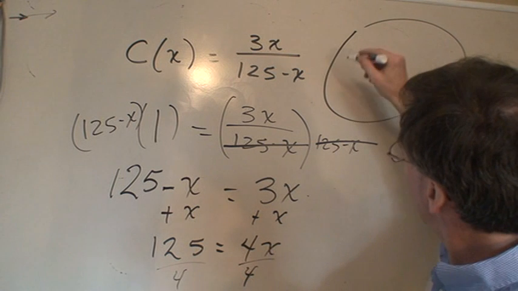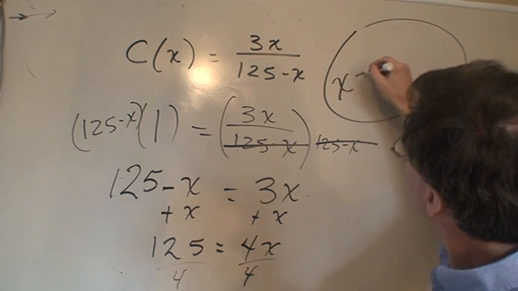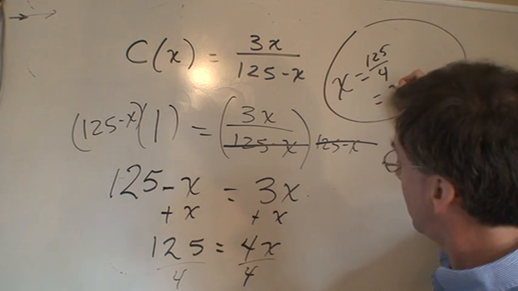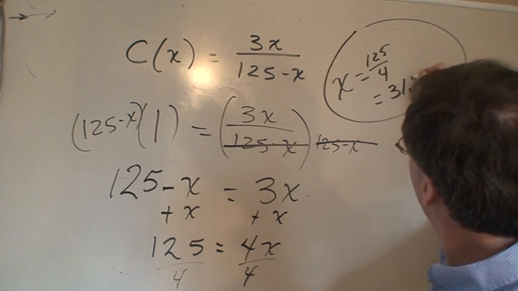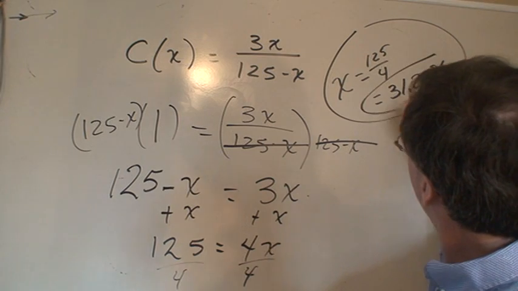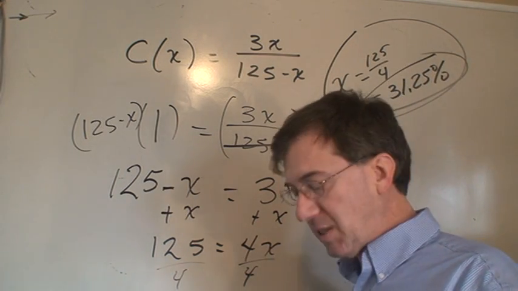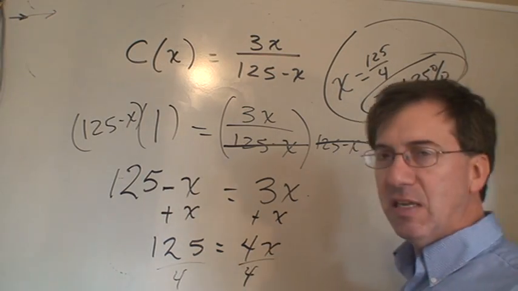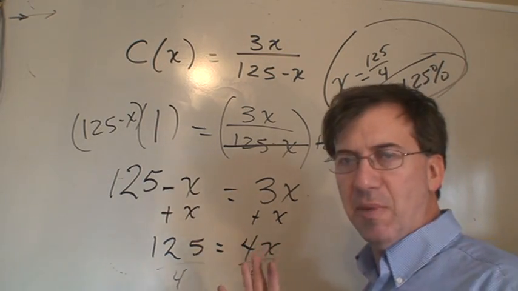So my final answer would be x equals 125 over 4, which is 31.25%. If I've spent $1 million, I'm roughly 31% complete with that project. And these are pretty simple problems if you just take a step-by-step approach.